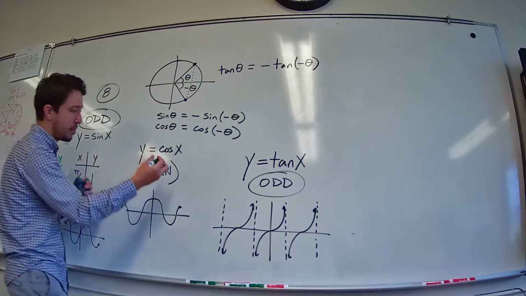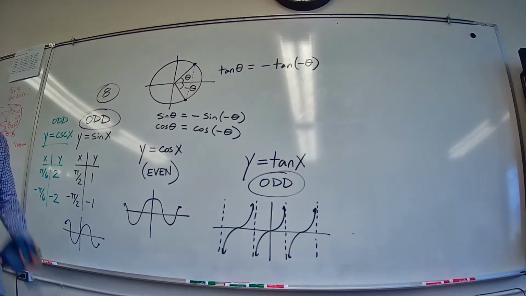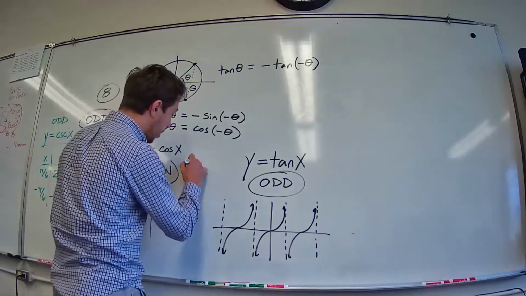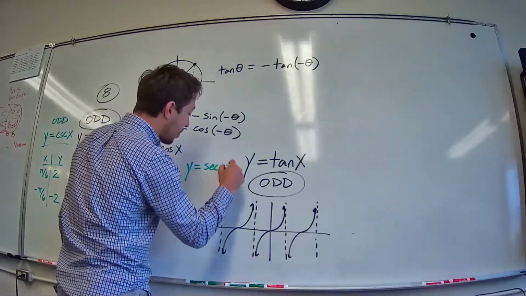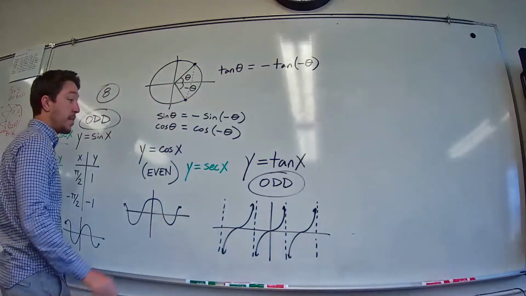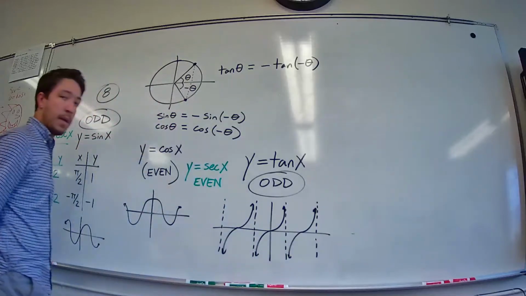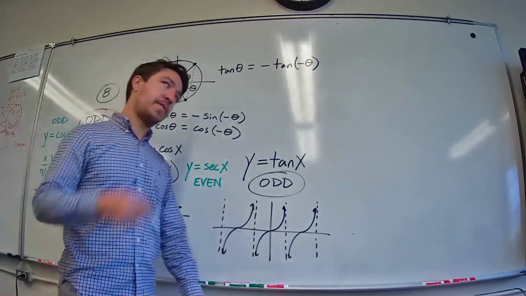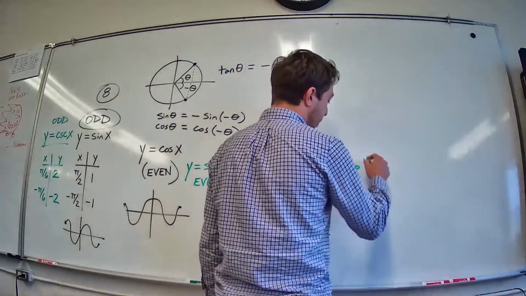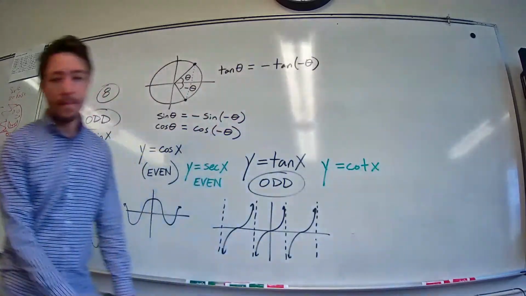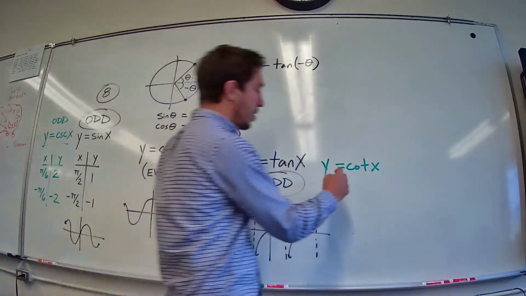So maybe just right nearby here, we'll say, well, if the cosine function is even, then the secant function would also be. And if the tangent function is odd, what other function would have to be odd? Very good. Okay. Is also.